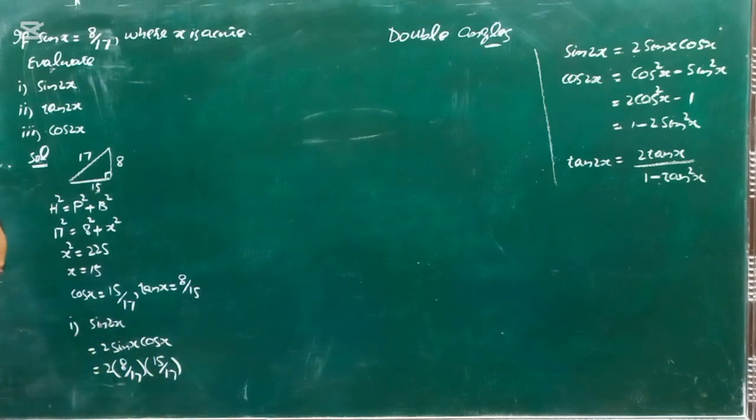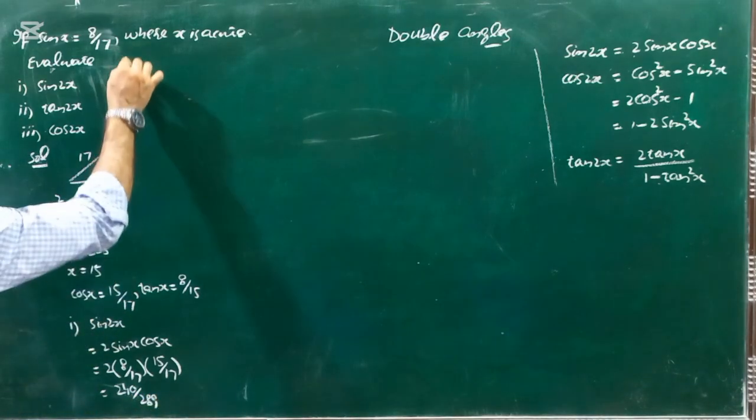So solving here, 16 into 15 is equal to 240 over 17 square, which is 289. So this is the answer of the first part.